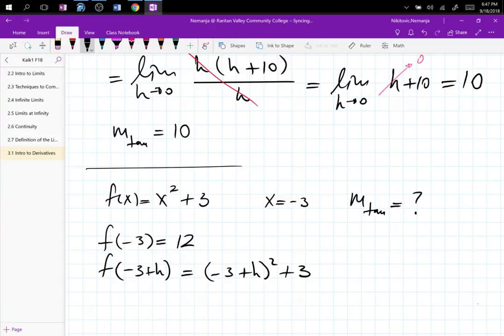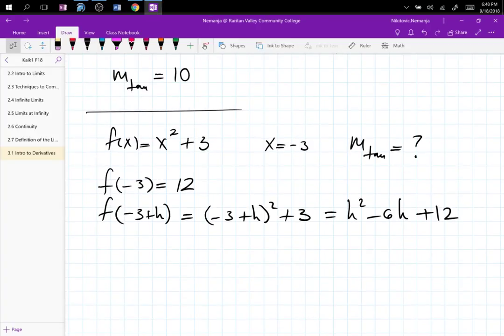When you do function composition, this is your x. So it's x squared plus 3, but now our x is replaced with a plus h, and a happens to be negative 3, so it's a lot of chasing around. What do I get? I get h squared, 3 times h times 2 is negative 6h, 9 plus 3 is 12.